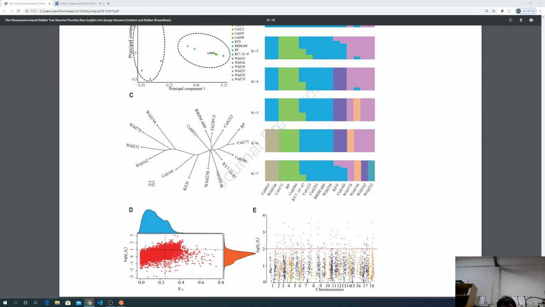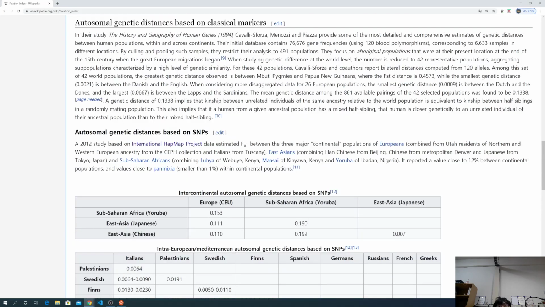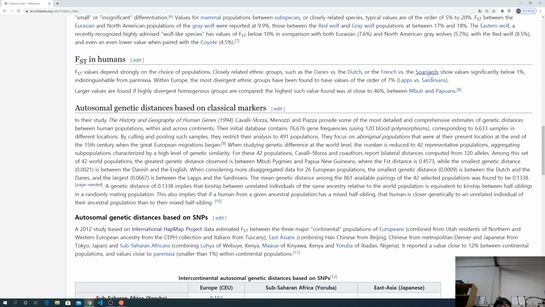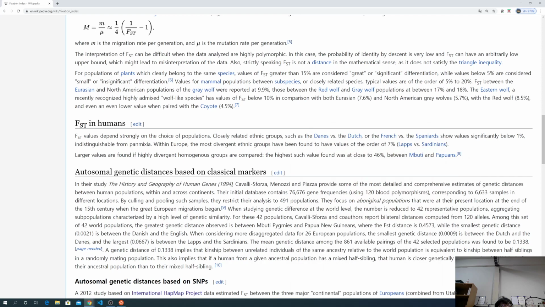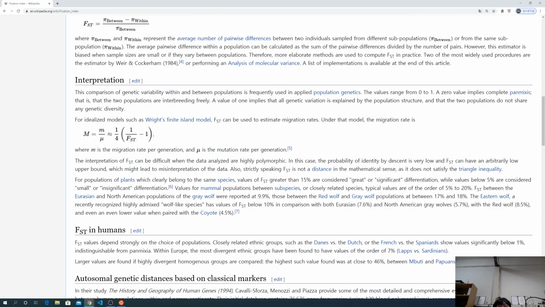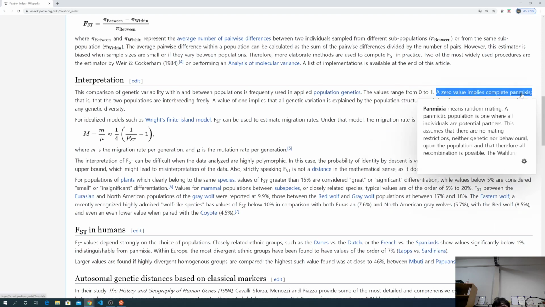Where was the explanation? Was that complete random interaction between them or not? So 0 implies complete panmixia. Panmixia means random mating.